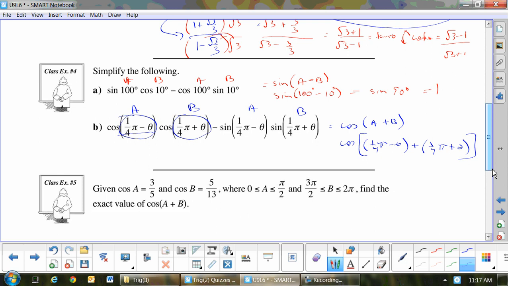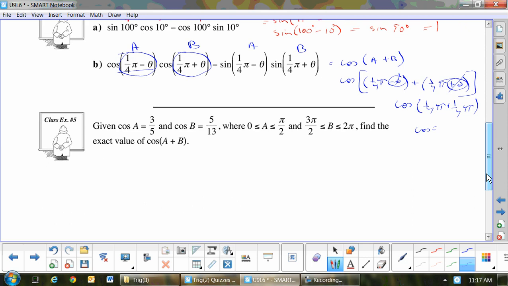Now what happens? Nicely, do you see how I have minus and a plus? They will cancel. This is cos 1/4 pi plus 1/4 pi. This is cos, what's cos 1/4 plus 1/4? 1/2.